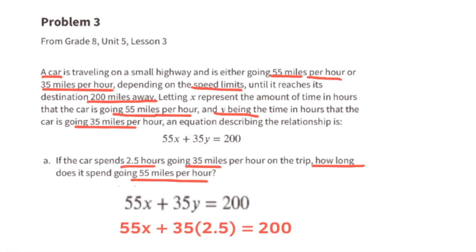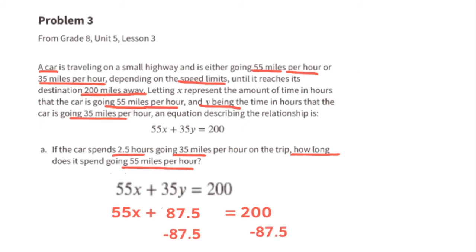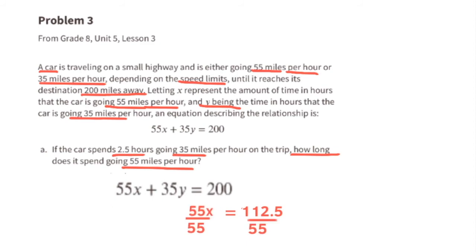Now the equation reads 55x plus 35 times 2.5 equals 200. 35 times 2.5 equals 87.5. Let's subtract 87.5 from both sides of the equal sign. Now the equation reads 55x equals 112.5. To find the value for x, we need to divide both sides by 55.